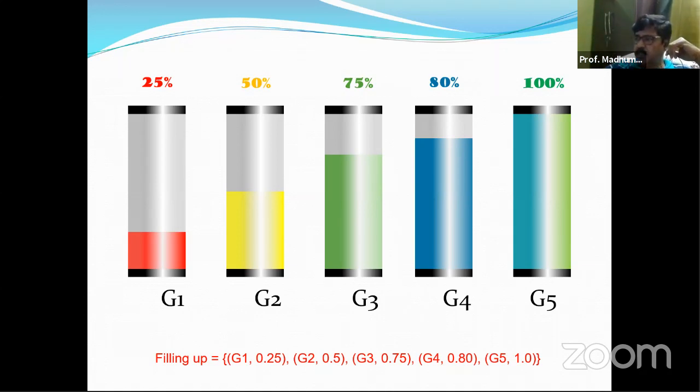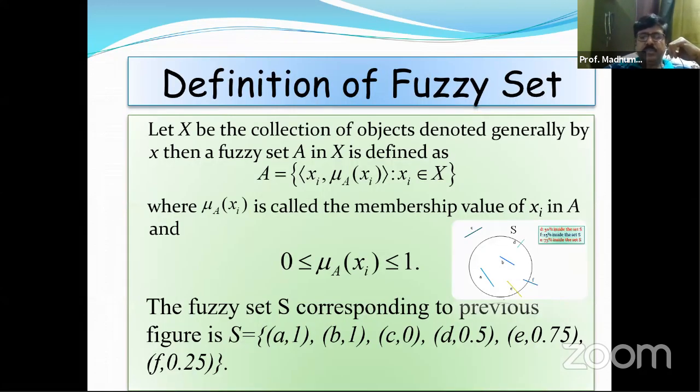If a line segment is partially inside the set, then how do we represent this kind of set? This is the mathematical definition of the fuzzy set. In conventional set theory, we consider one universal set and another subset.